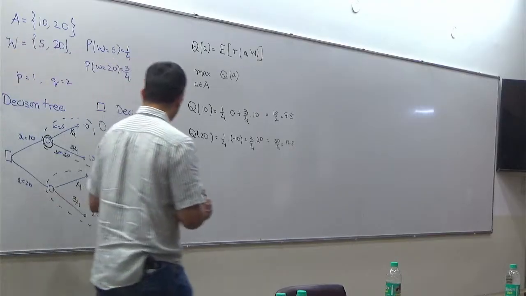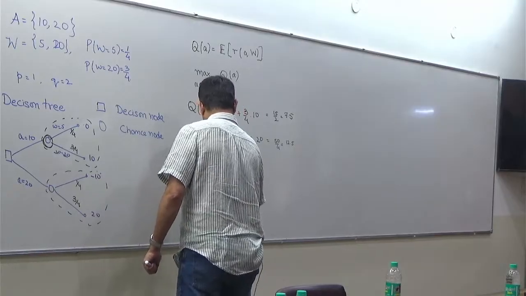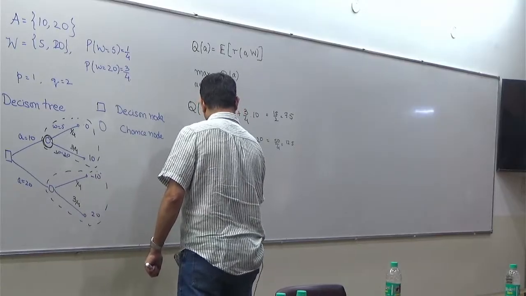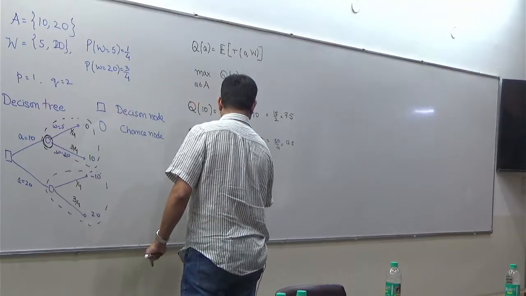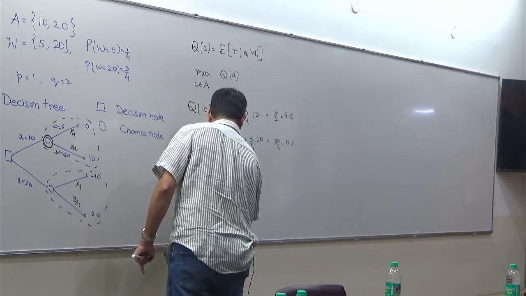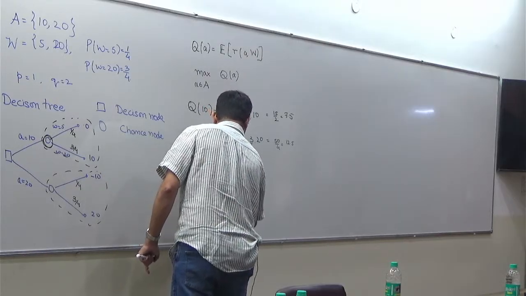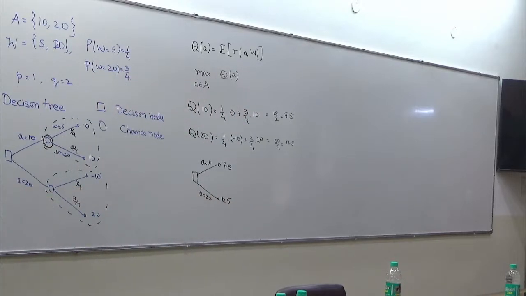This gives me a new tree. This new tree starts with a decision node. I choose A equals 10, and if I choose A equals 10, I get an average value of 7.5. If I choose A equals 20, I get an average value of 12.5. That's the computation that I did on this tree. Okay?